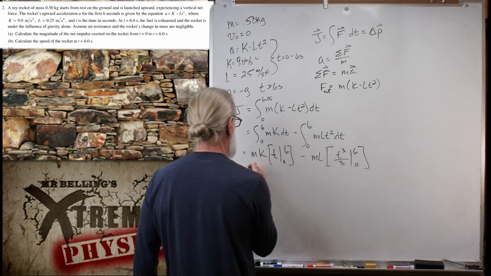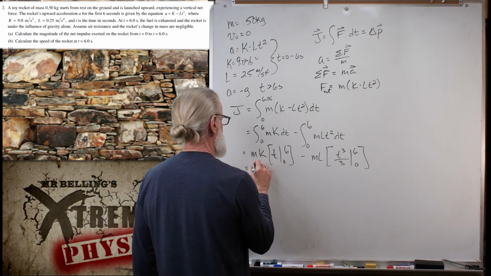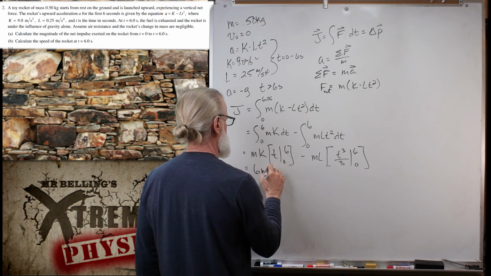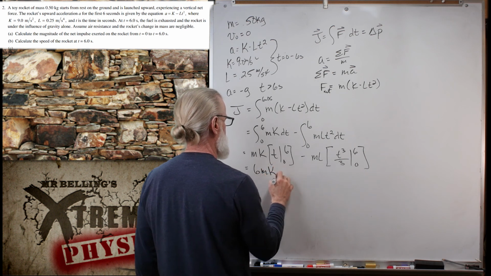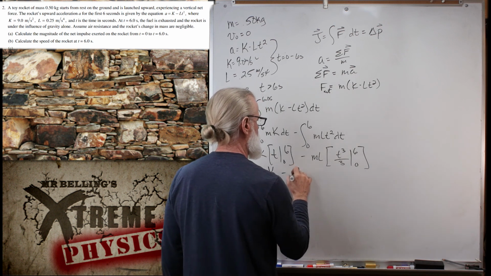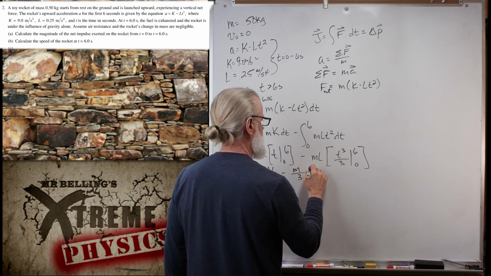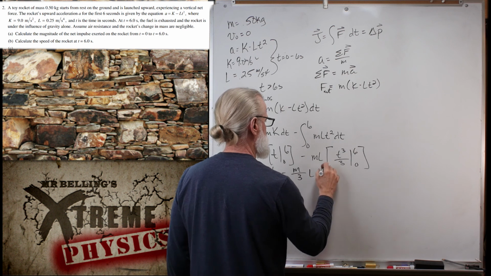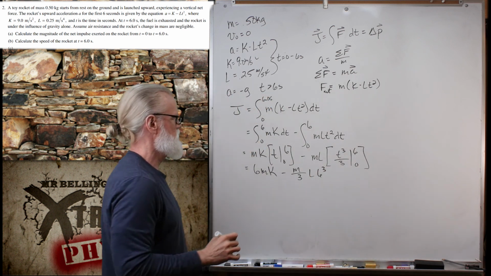So what do we got? 6mK minus m over 3 L 6 cubed.